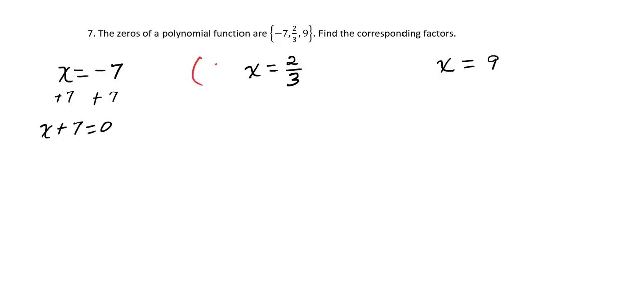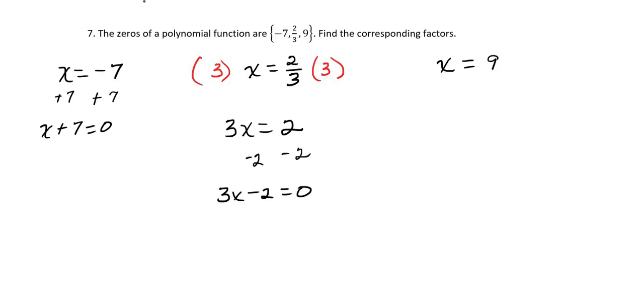With my second 0, to get rid of the fraction, I'm going to multiply both sides of my equation by 3. So I get 3x equals 2, and then subtract 2 from both sides of my equation. So I have 3x minus 2 equals 0.